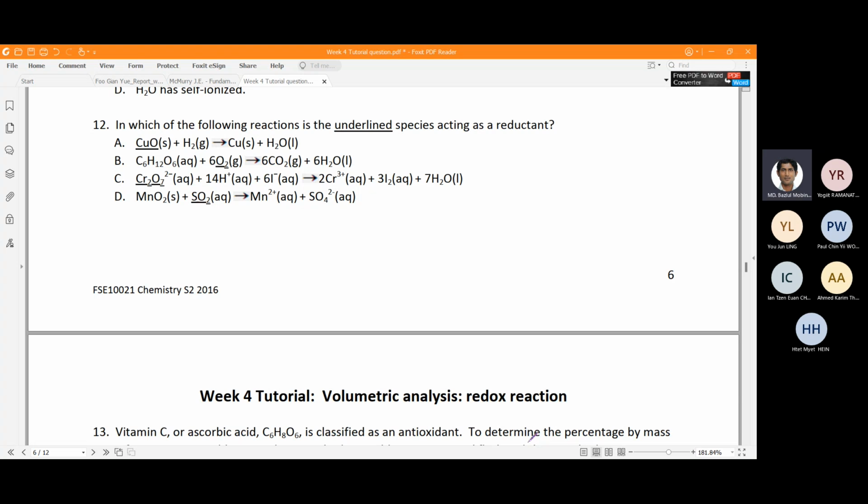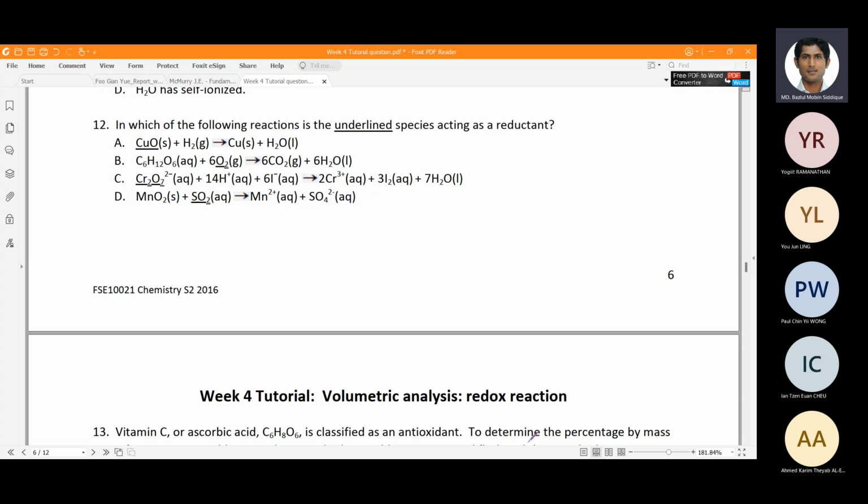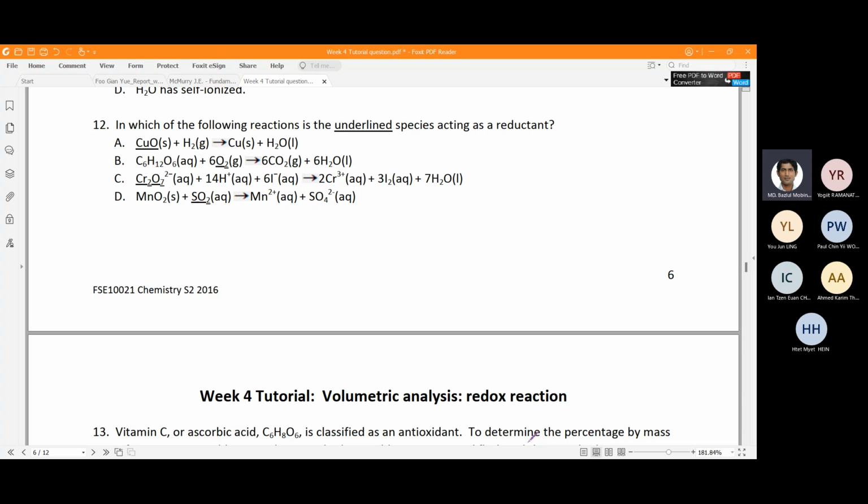So the underlined species, copper oxide, becomes copper. It was +2, becomes 0, so it becomes reduced. So it is an oxidant. That is why it becomes reduced itself. So it is not the correct answer.